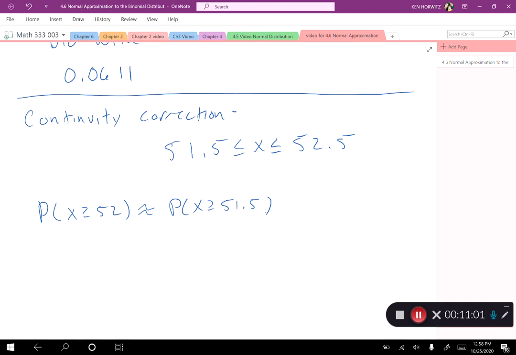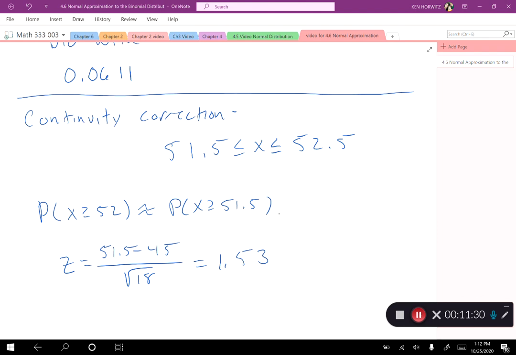And now I'm going to redo my z-score. So I'm going to redo my z-score with 51.5 and say 51.5 minus 45 all over the square root of 18. All right, and when I do that calculation, I get 1.53 rounded to 2 decimal places.